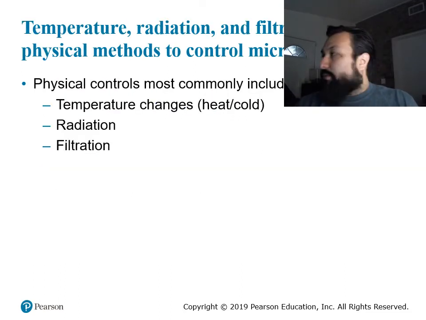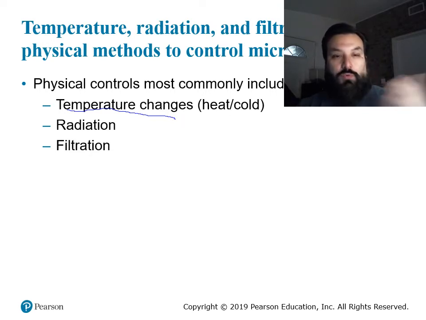So we're going to talk about physical and chemical methods of controlling microbial growth, and we'll start with physical here. Temperature changes: we know that increasing and decreasing temperature, which we've already discussed in this PowerPoint and this chapter, can affect growth.